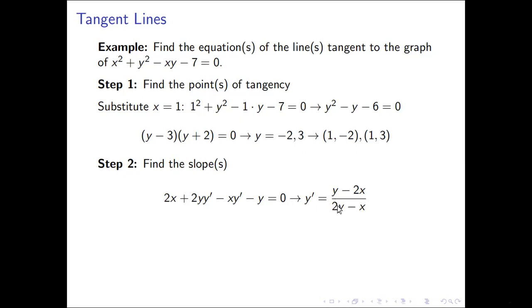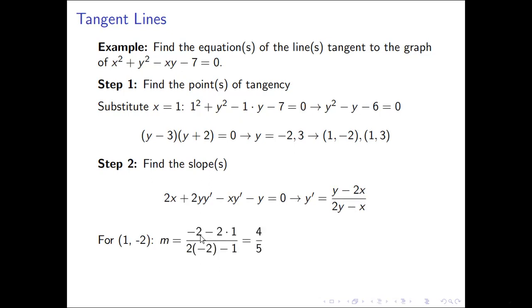Now, once you have the derivative, it is easy to get the slope since you have the values of x and y. You have both x and y coordinates. So you just consider one point at a time and get the slope. For example, for the point (1, -2), we just plug in x equals 1 and y equals -2 into the expression here, and we get the slope.